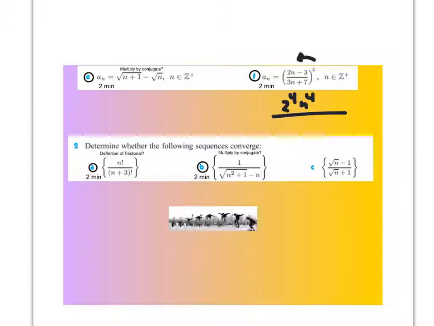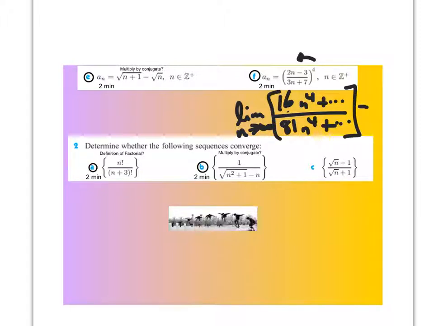And the highest power on the bottom, the leading term would be 81 n to the 4th. So what is 2 to the 4th? 16, I think. Yeah, it's 16. So I'd be getting this. And if I take the limit as n goes to infinity of that polynomial expansion, I'm just going to get 16 over 81. So it'd be convergent.